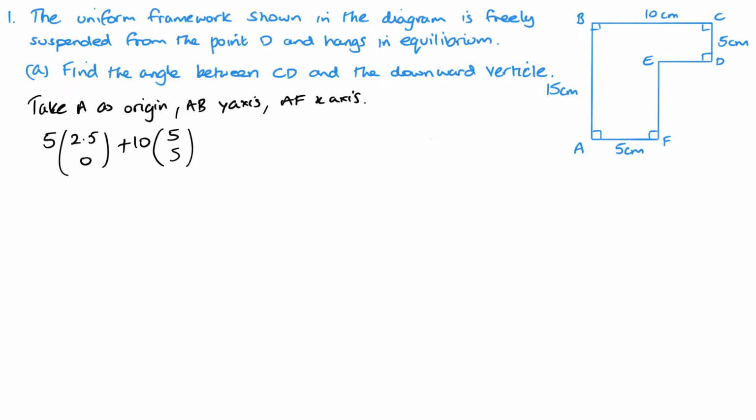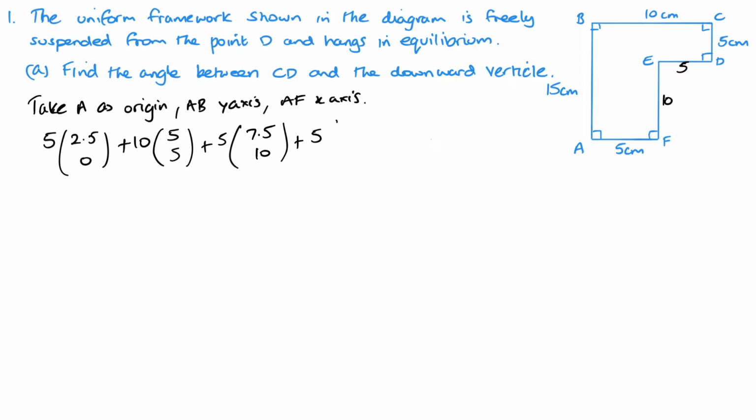Then we've got this side to work out, so that's 10, and this is 5. So let's pop these 10 in, and then this one's 5. So we've got 5 lots of, and we go across 5 and then another 2.5, so 7.5 across, and we're going up 10.